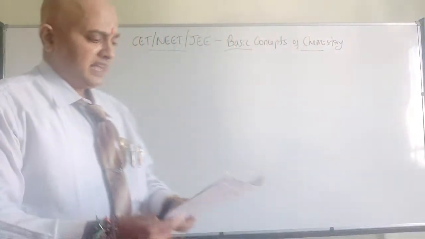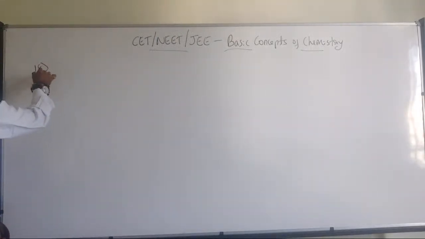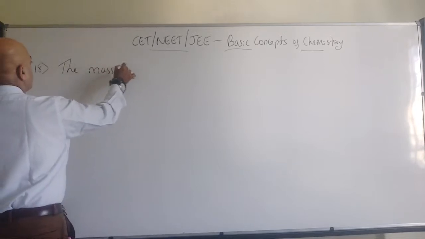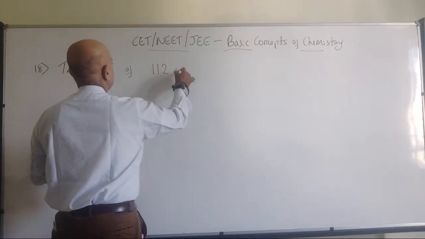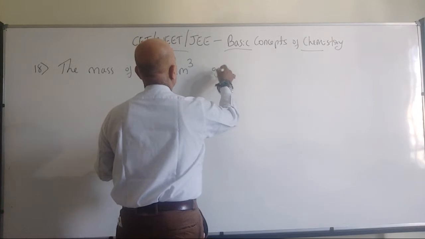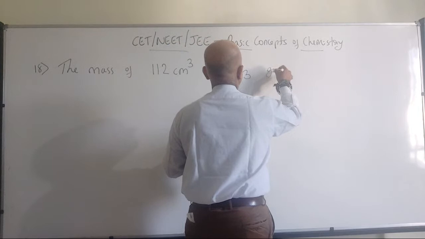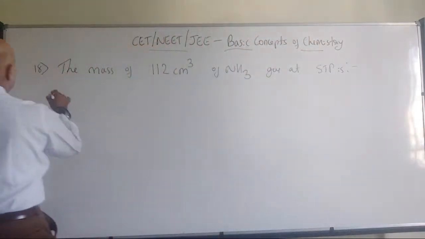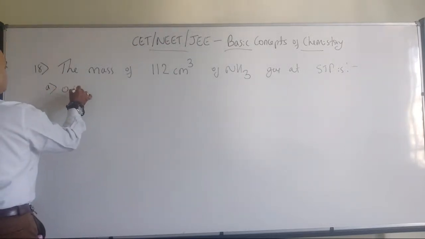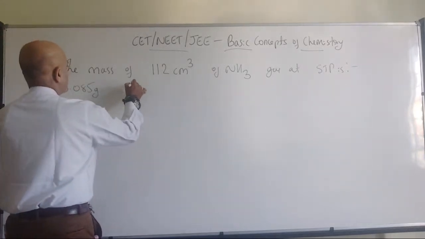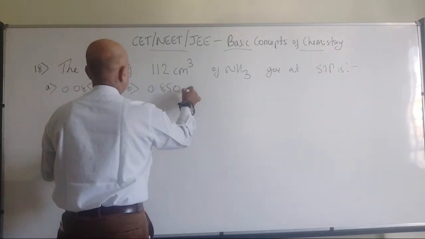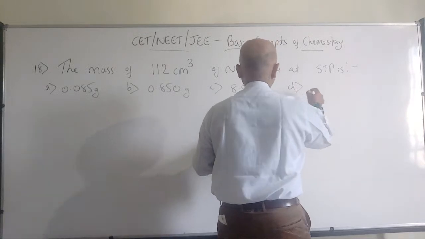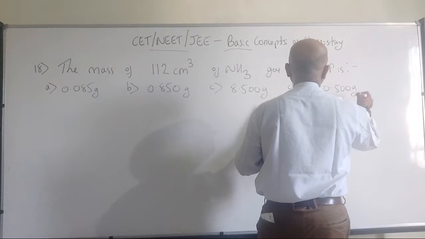Okay? So next one. Question number 18. The mass of 112 centimeter cube of ammonia gas at STP is option A 0.085 grams, option B 0.850 grams, option C 8.500 grams, and option D 80.500 grams.